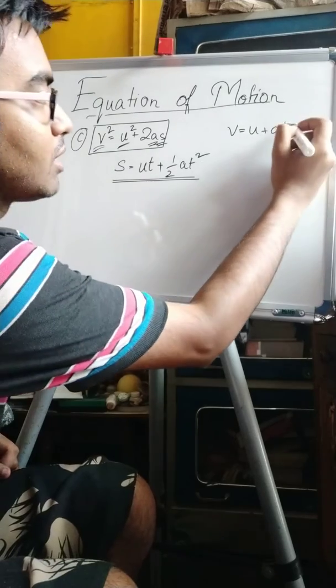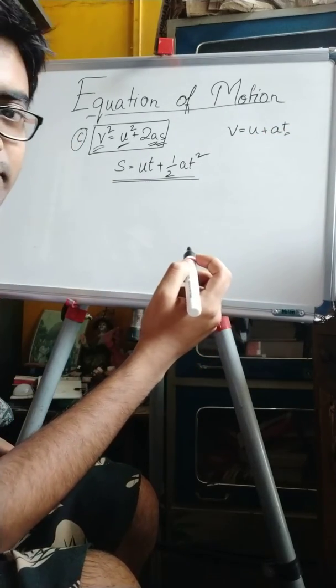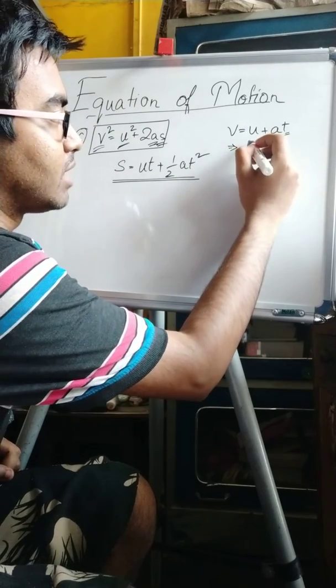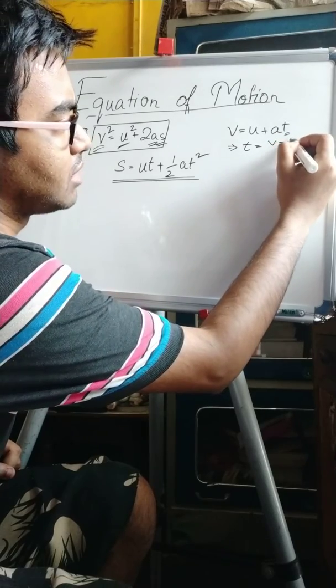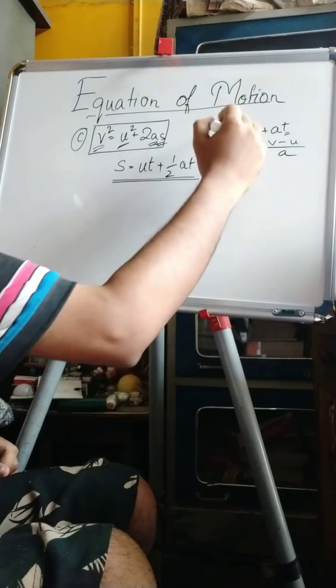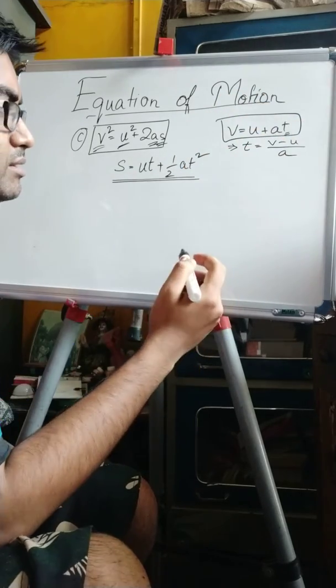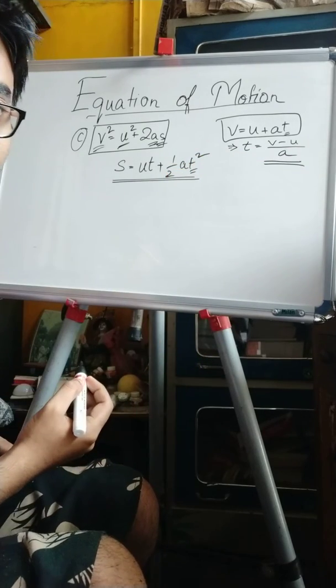Now in this formula we can replace this t very easily. This implies that t is equal to v minus u by a. We can say from the first formula we get t equals v minus u by a. So we can replace t with this. Am I right or wrong?